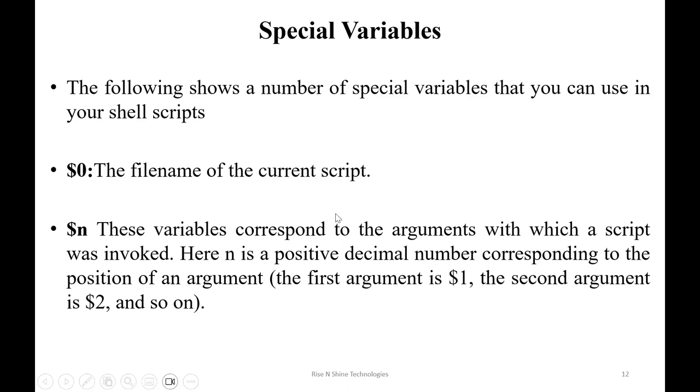If you are passing 10 arguments, $1, $2, $3, $4, $5, like that up to 10. That's why it represents N. So if you are using the dollar with a numeric number, that means you are reading the argument, which is position based. The first argument is $1, the second argument is $2.